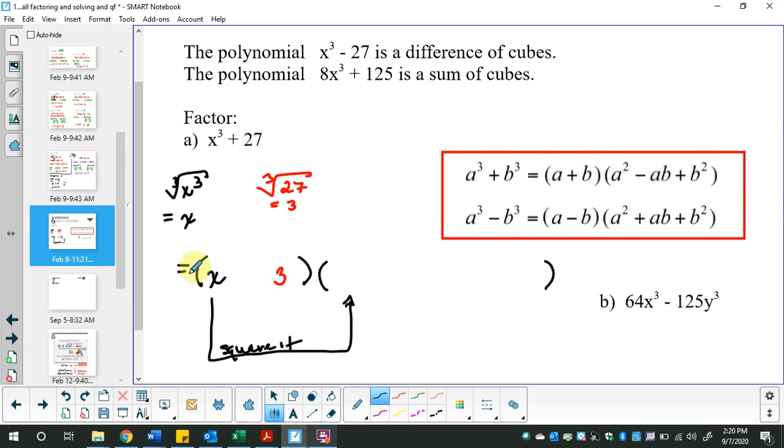So x squared is x squared. Genius. Then, same thing here. This gets squared and put at the back. Three squared is 9.